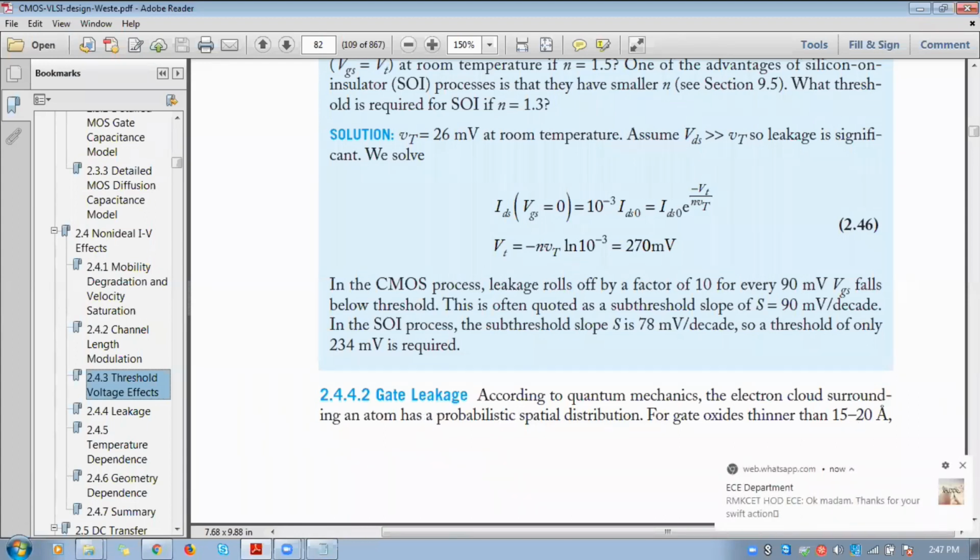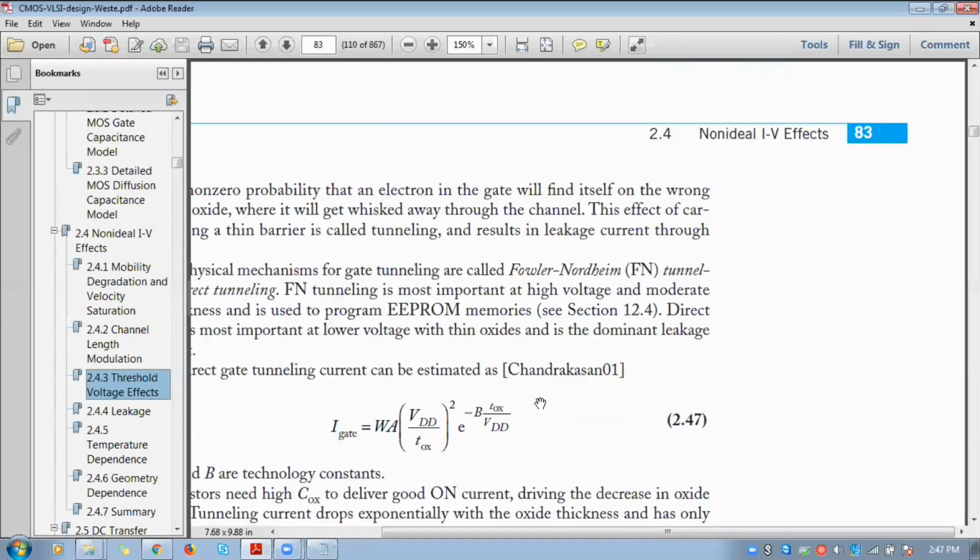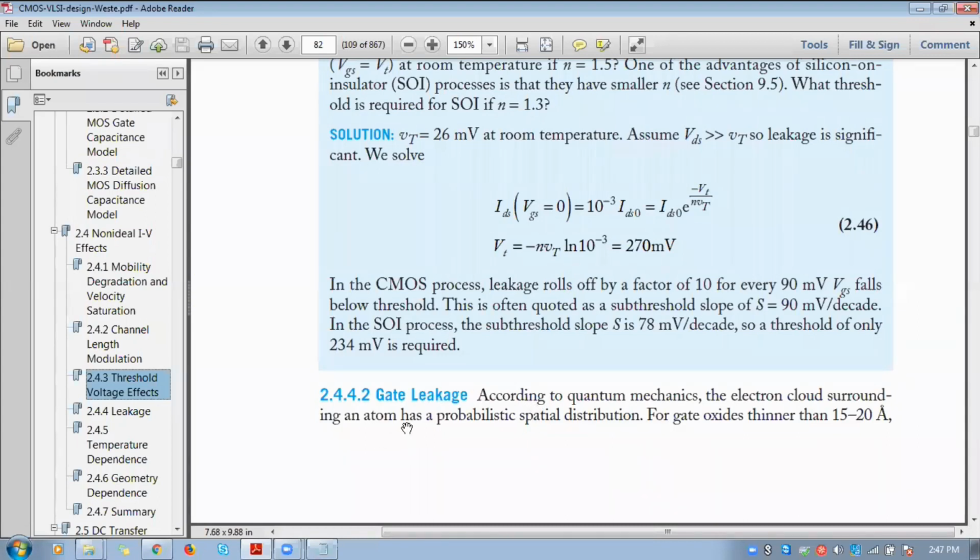If your gate oxide layer is very thin, whatever input voltage you apply to the gate will be sufficient to make electrons penetrate from gate to body. That is known as gate leakage or tunneling effect. That can be overcome at the time of design. You need a trade-off between this leakage and the silicon dioxide layer thickness.